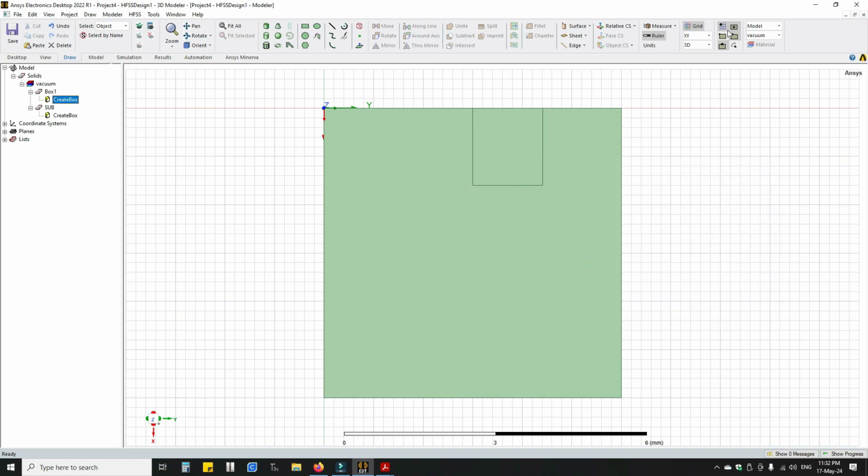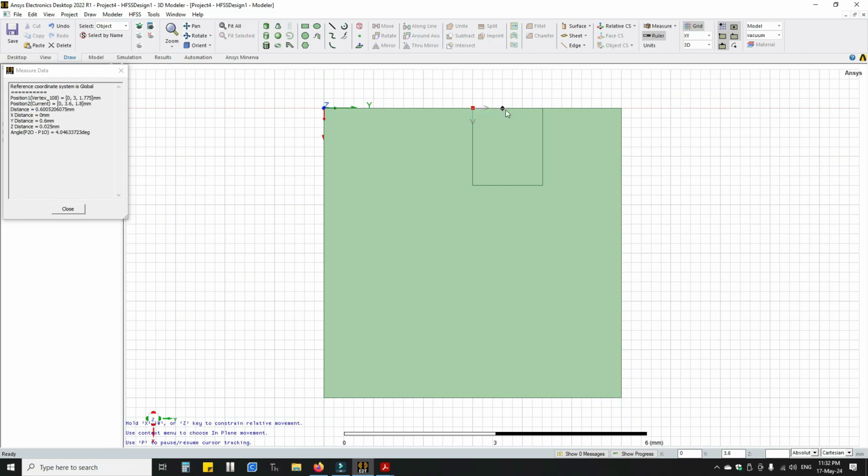You can measure: go to measure position from here to here. You can see on the left hand direction the distance is 1.41 mm. Now we are good to go.